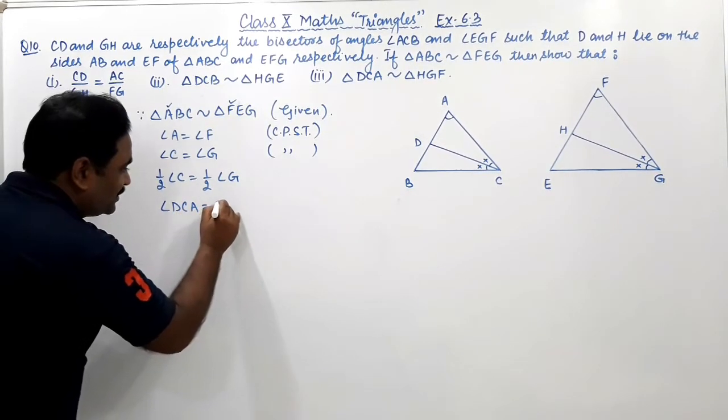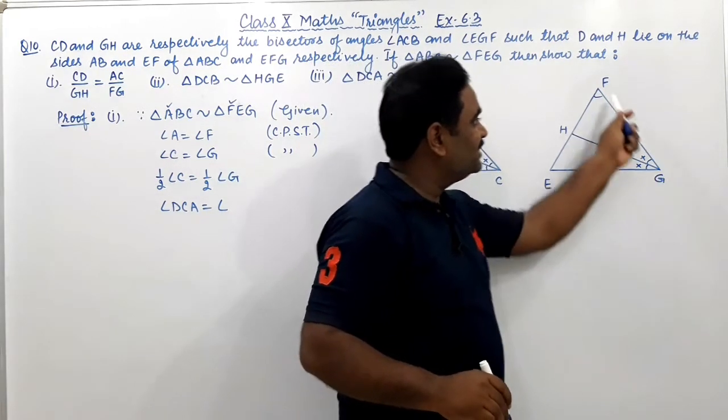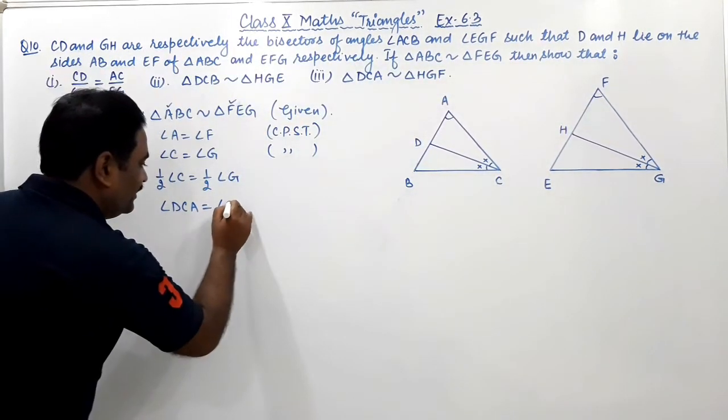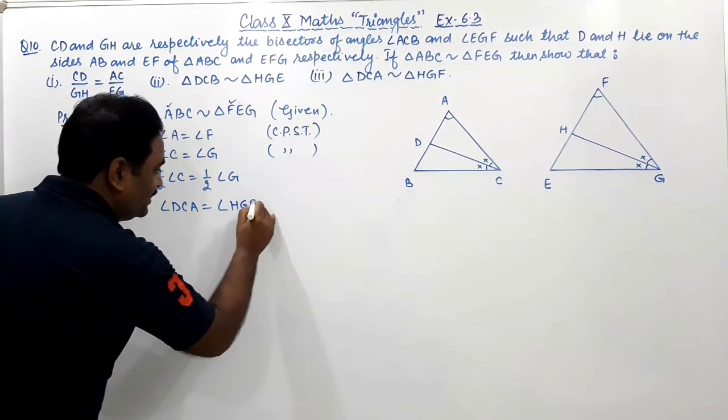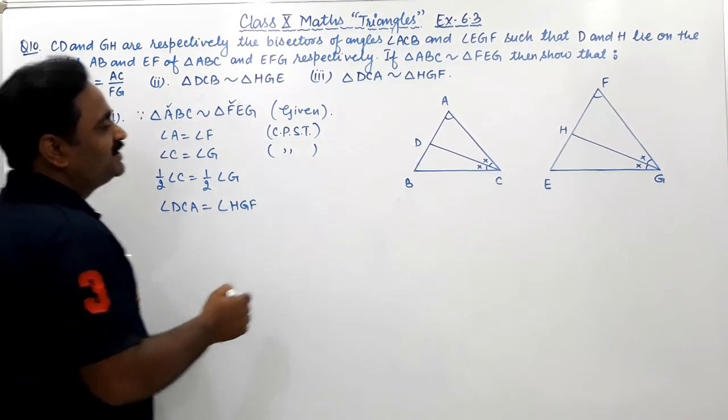Angle DCA is equal to half of angle G. Half of angle G can be written as angle HGF. Right?